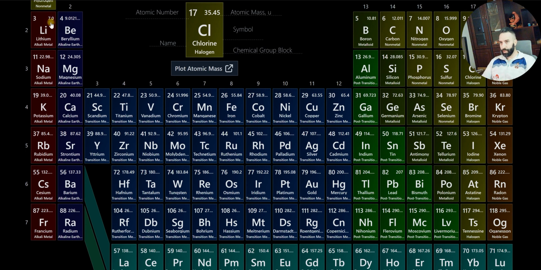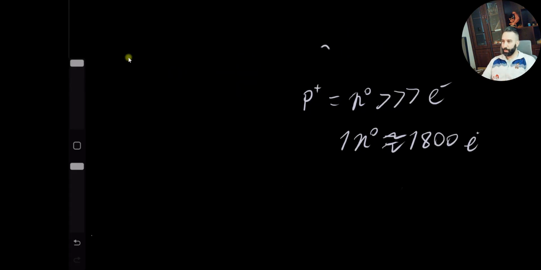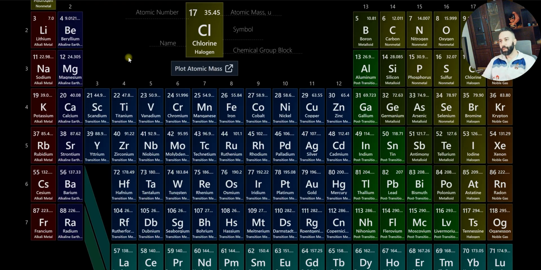The smaller number is called the atomic number, and the bigger number is called the mass number. Usually in chemistry we note this in this way: we write lithium here, and then we write the bigger number here, 7, and the smaller number here, 3. This is how we denote lithium.